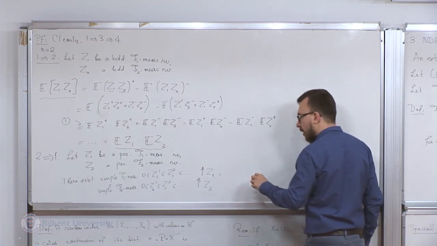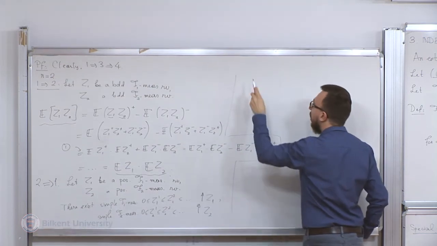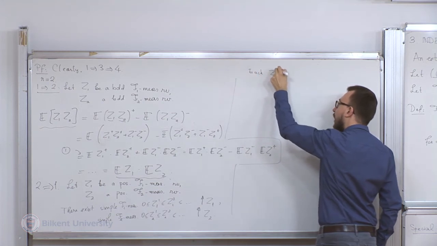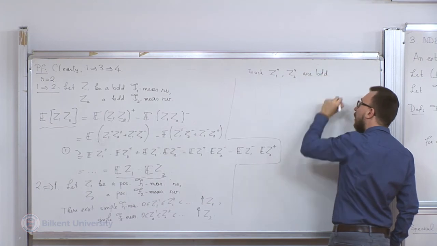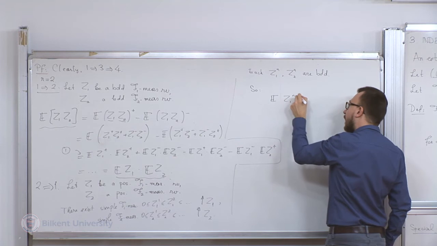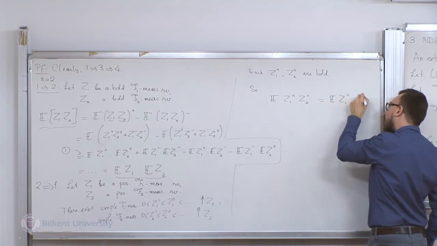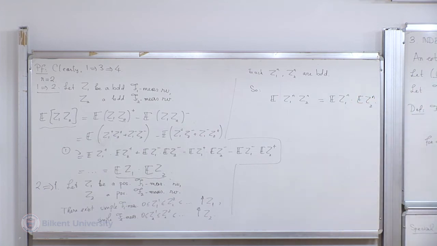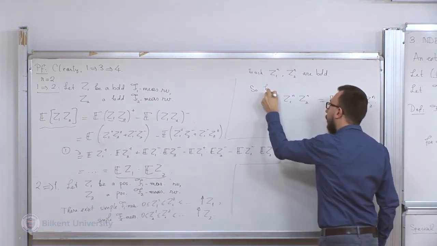And we have each Z1n and Z2n are bounded. So expected value of Z1n times Z2n is equal to expected value of Z1n, expected value of Z2n. And this is by number 2. By 2.